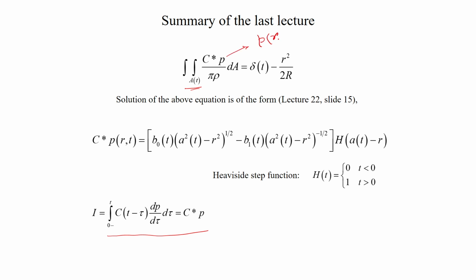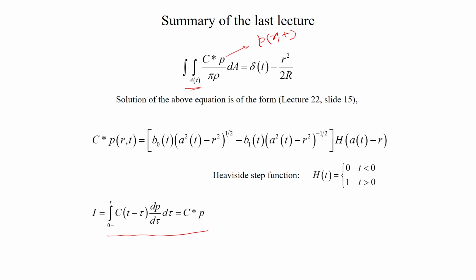Remember that for an elastic case P was a function of r, but now it is also a function of t. So this C star P, that is the convolution, with pi rho in the denominator, has to be equal to delta of t minus r square by 2R, because of the kinematic condition that these two spheres are in contact.